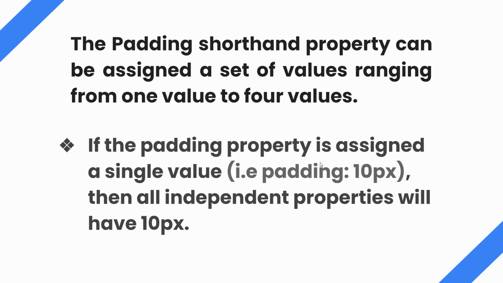The single value affects the entire padding property, that is, the padding top, padding bottom, padding left, and padding right. Each of these properties will have the same value. But we'll also see how we could style the properties with different values.